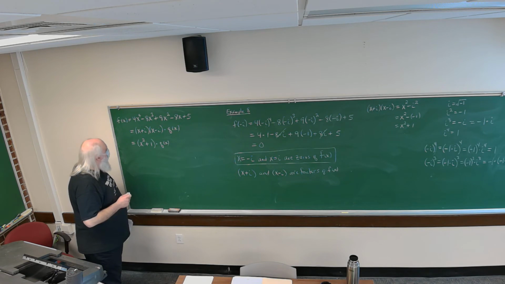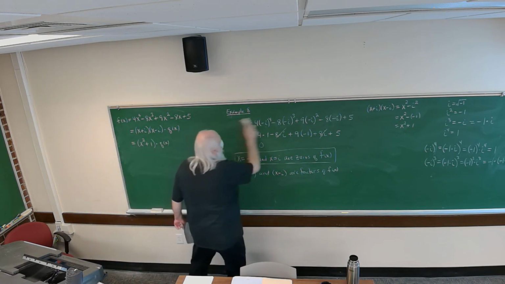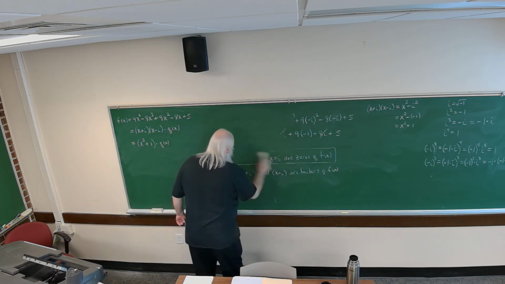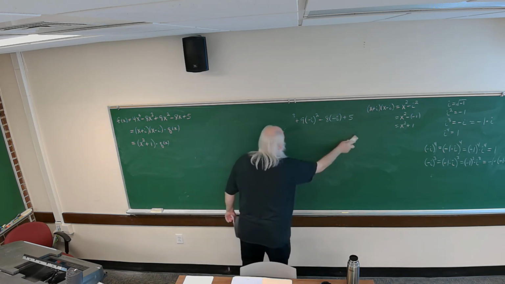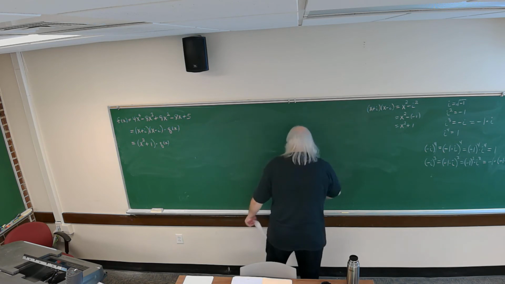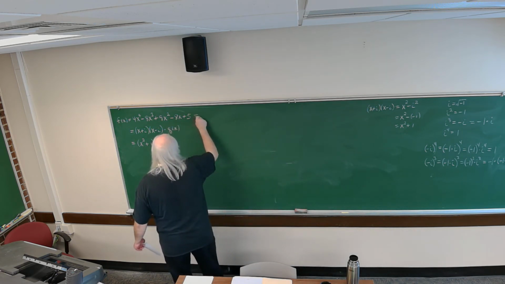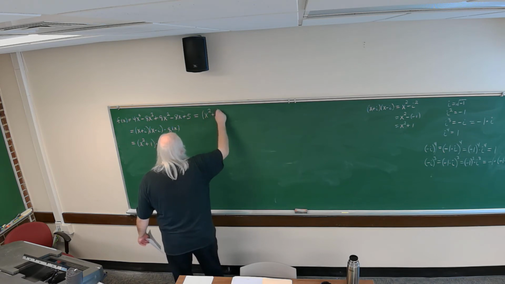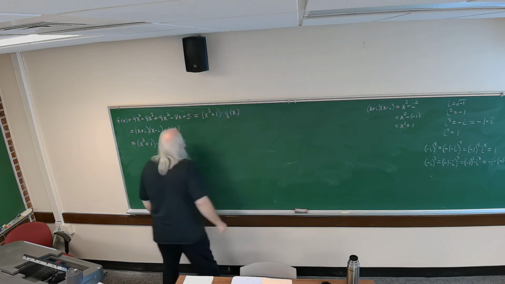Well, how do we find q of x? So here's our 4th degree polynomial in unfactored form, and it's equal to x squared plus 1 times q of x, right?